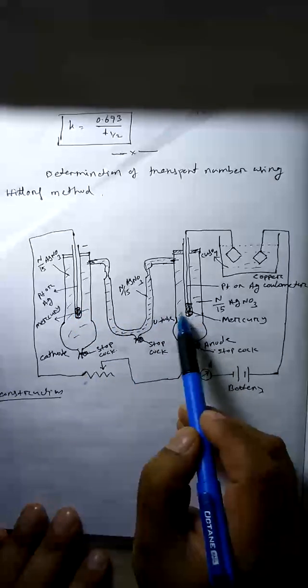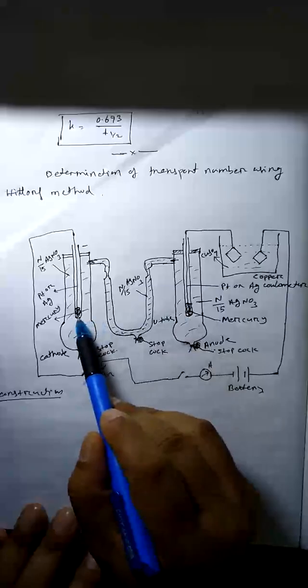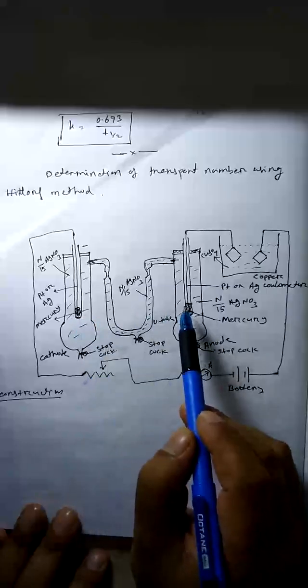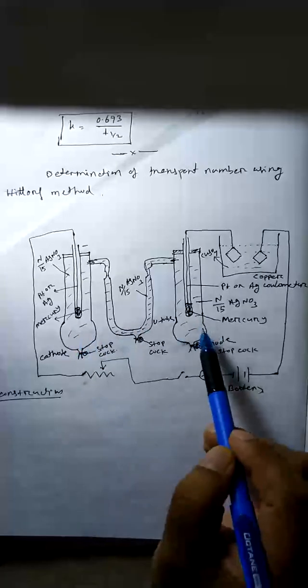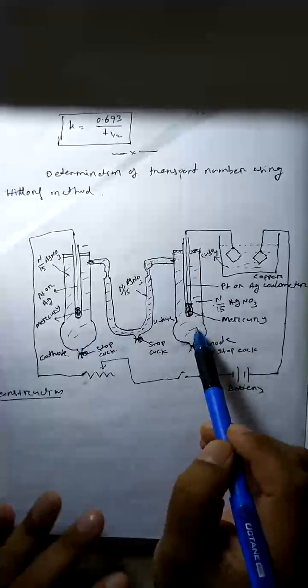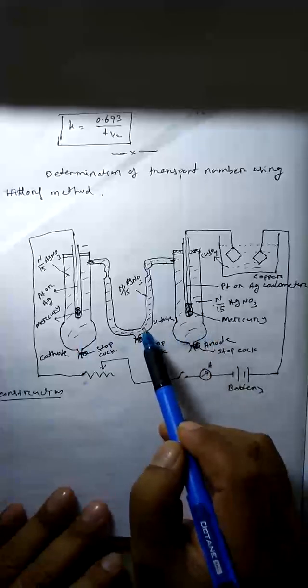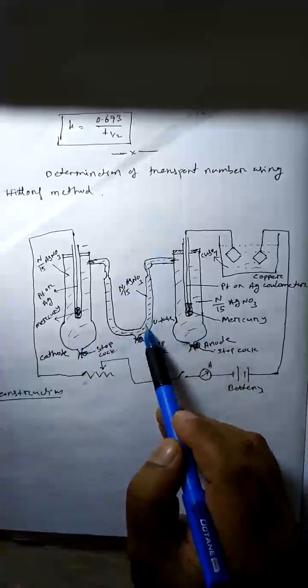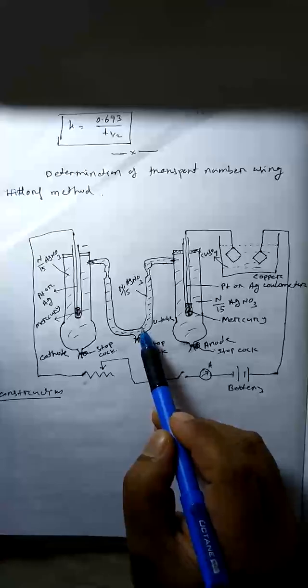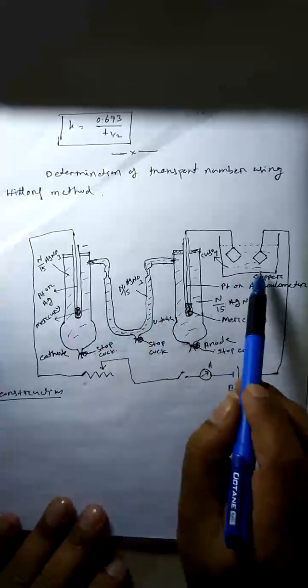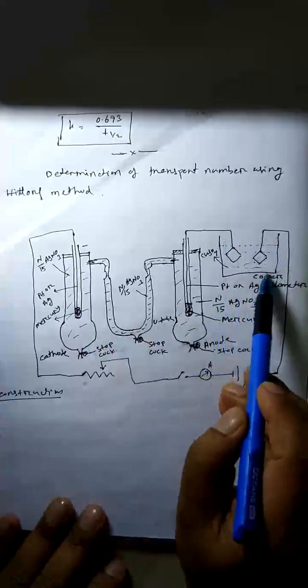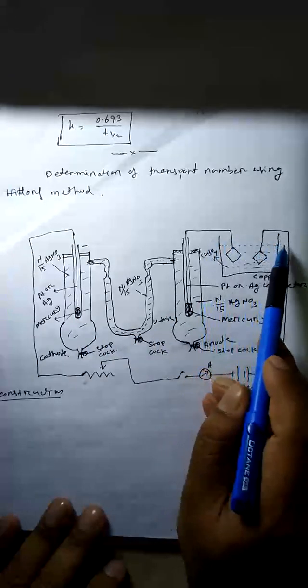The mercury is present in order to make adequate electrical contact. The cathode contains N/15 silver nitrate. The anode also contains N/15 silver nitrate, and the U tube also contains N/15 silver nitrate. In this apparatus, the coulometer can be copper or silver, whatever you take.